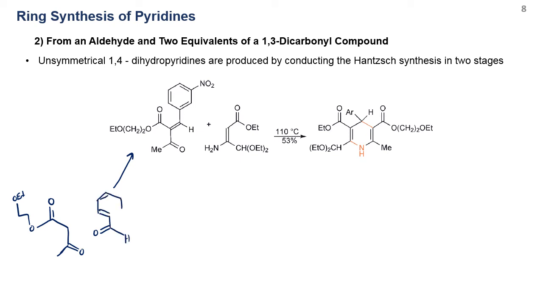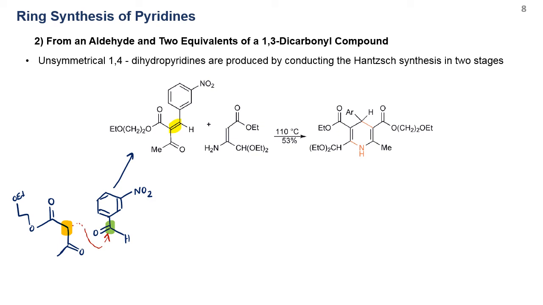So the 1,3-dicarbonyl compound is a good source of nucleophile that can be used. So here, this carbon is a nucleophile, this carbon is an electrophile. If you draw the enolate, this can attack here to form the new aldol product here.